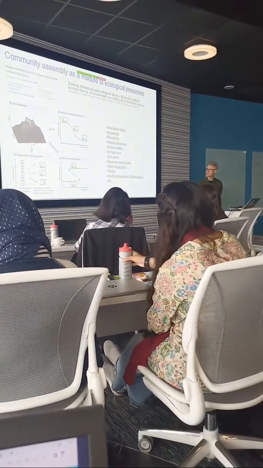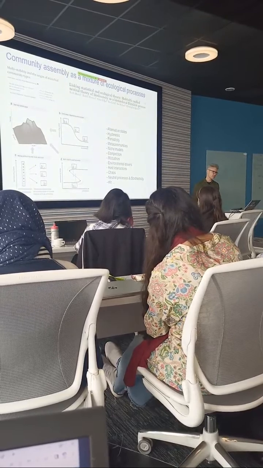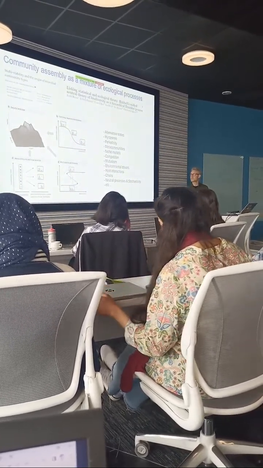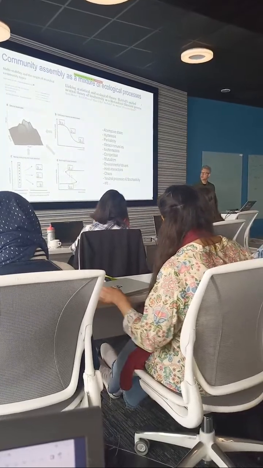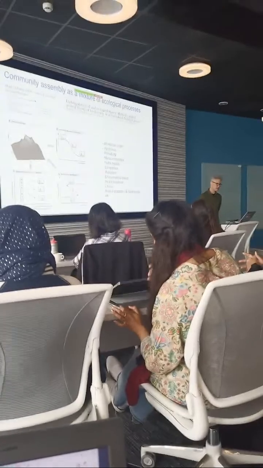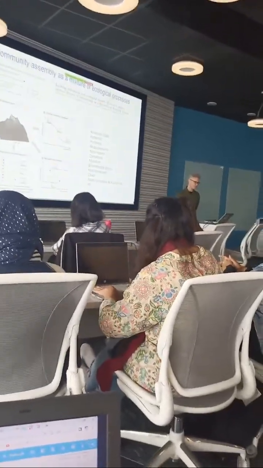And of course, this community composition is always a mixture of different processes. We have migration from the metacommunity, and we have external factors, external drivers like diet or temperature, other things.